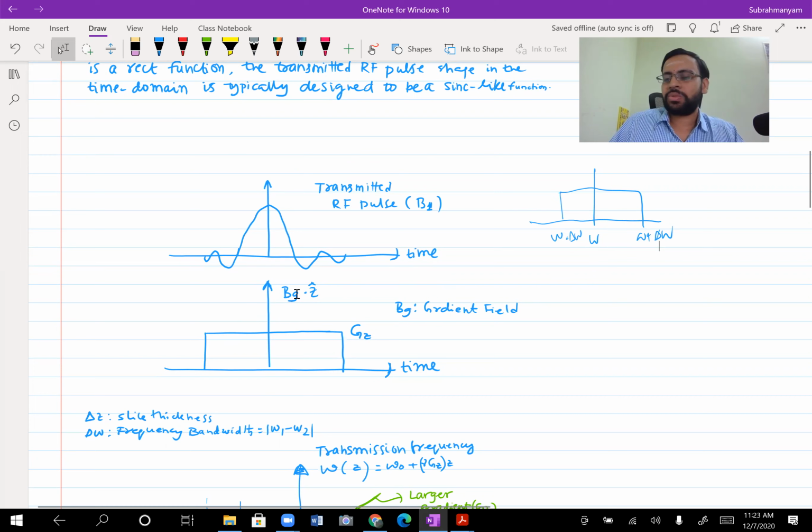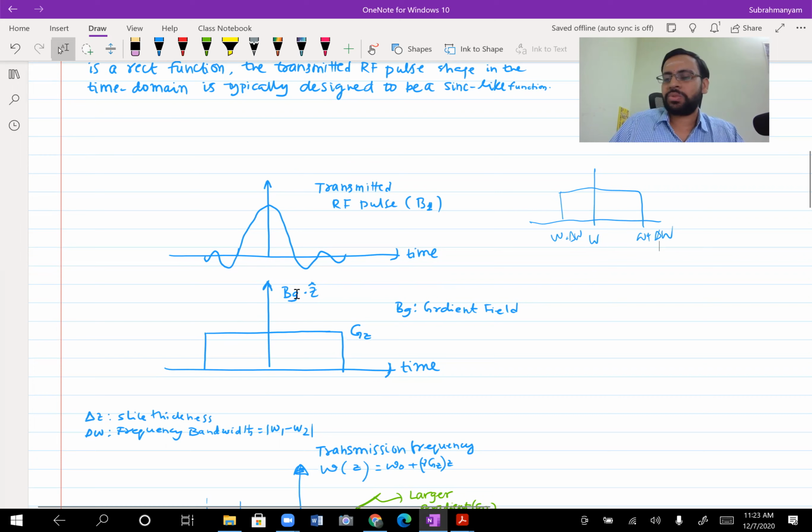Since you need it for a particular z direction, what you would do is vary the gradient. In addition to B naught, which is there in the z direction, you would spatially vary the field by adding a small gradient value Gz. I'm calling it small because compared to B naught, this is relatively an incremental change that is good enough for us.